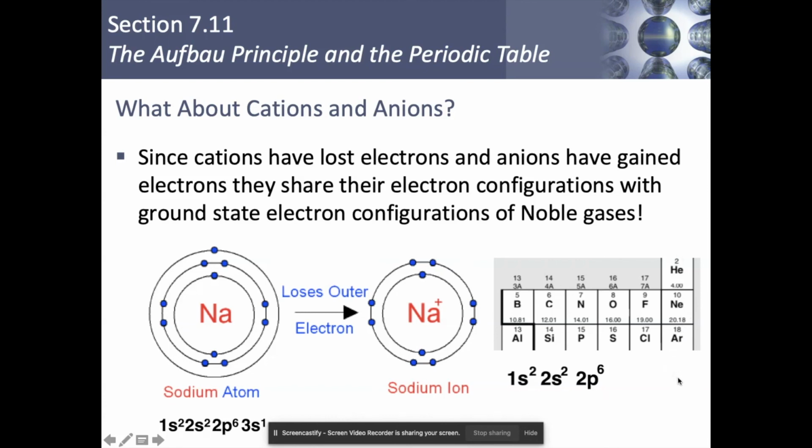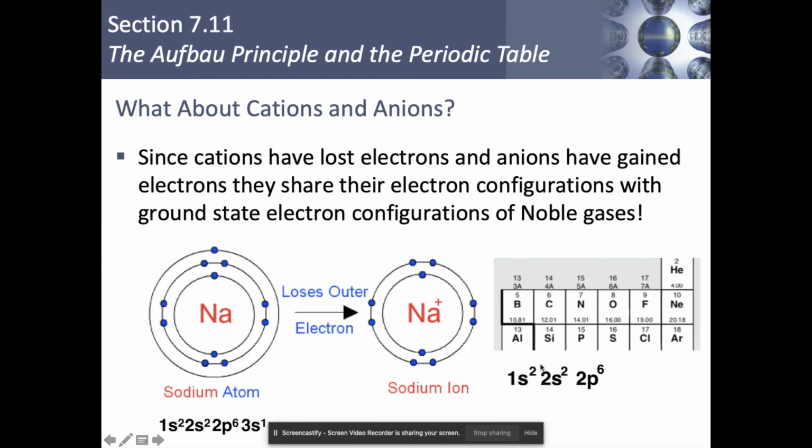So the whole purpose of me telling you this is just so that you recognize that if you see an electron configuration for an ion, like sodium here, that lets you know that, okay, great, I have lost an electron. That's why I have this electron configuration, which looks like it's neon.